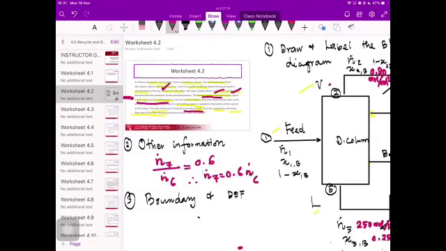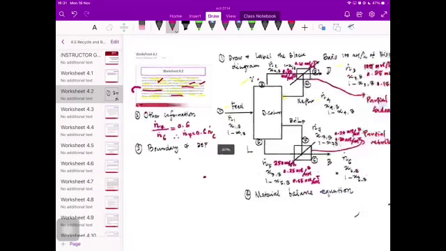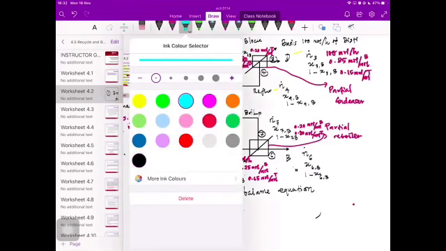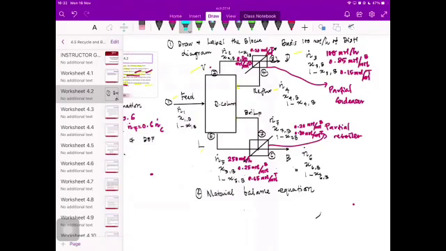Okay. Now, let us set our boundary. How do we set our boundary? Remember, we have to set the boundary when we know there are changes in terms of the property of the stream. So the first boundary that we are going to set is the overall.